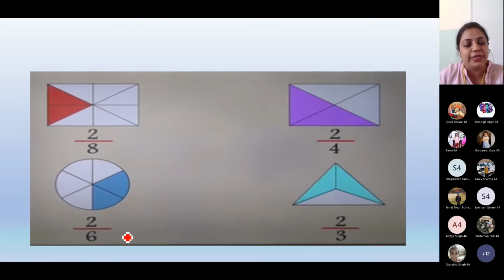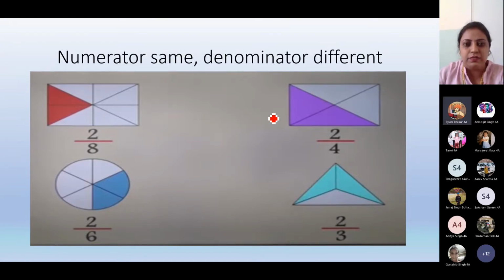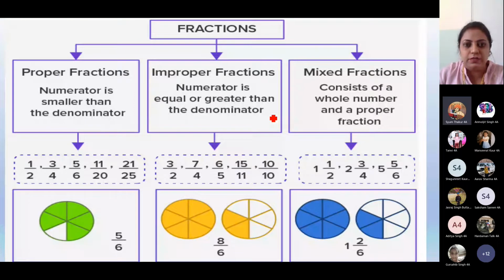Yes, very good. So in like fractions, denominator is same. We can't say that because the numerator is same, these fractions are like. These are unlike fractions. Fractions with the same numerator are not considered like. They are unlike fractions. Okay.